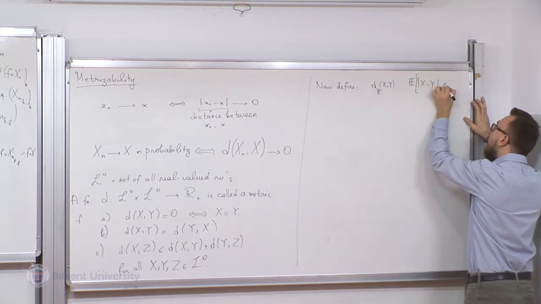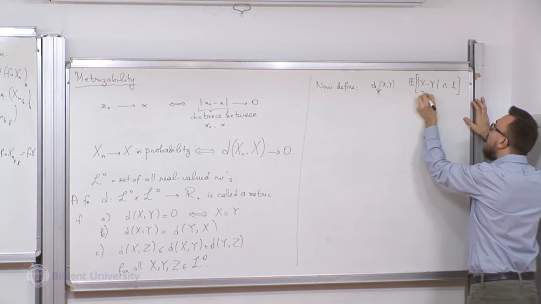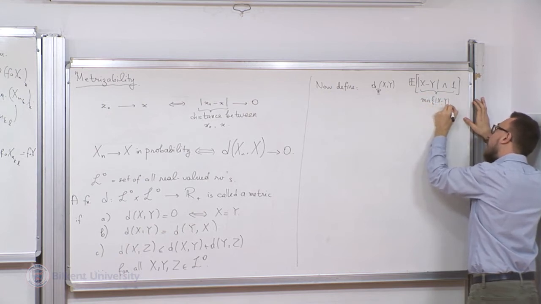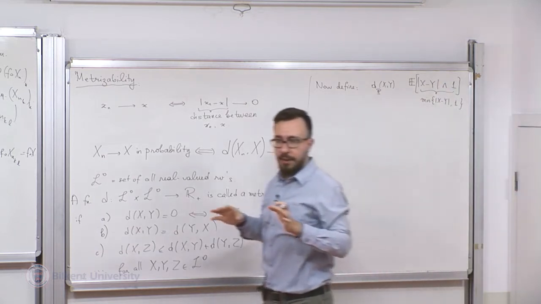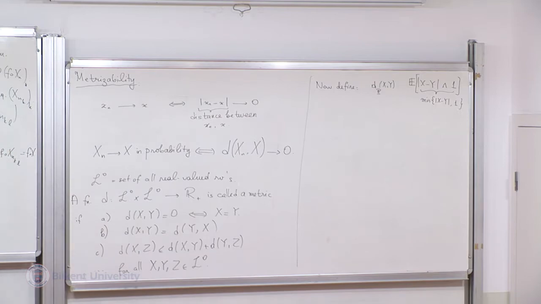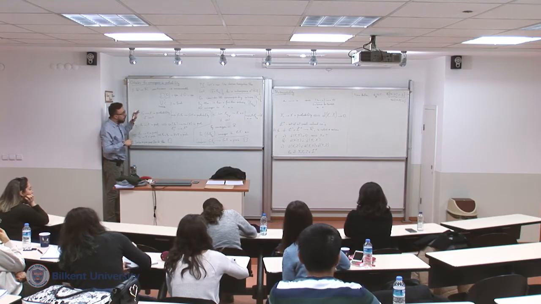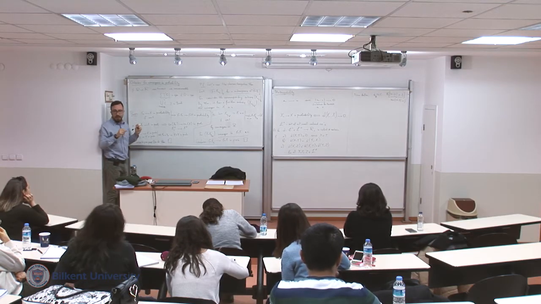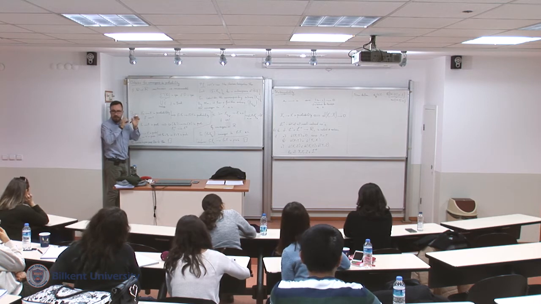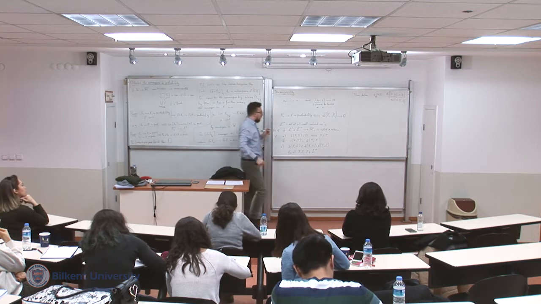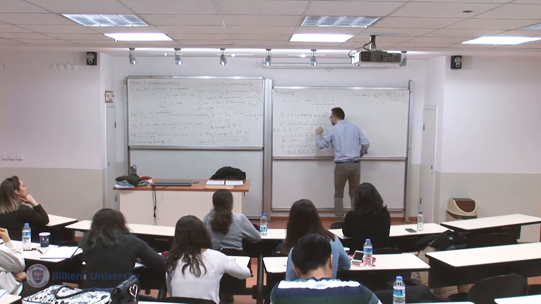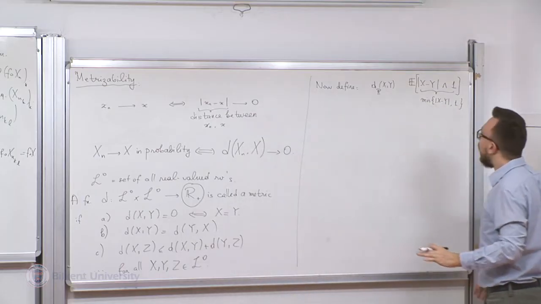That's why we bound it by 1, the minimum of |x minus y| and 1. Now that this is a bounded random variable, it has finite expectation. It's bounded by 1, right? So this |x minus y|, minimum 1, is a random variable taking values in the 0, 1 interval. So it has finite expectation. So at least this part is done. It has finite and positive values.